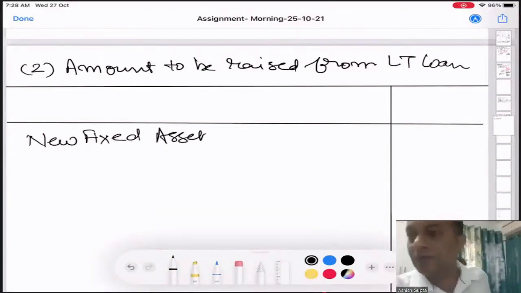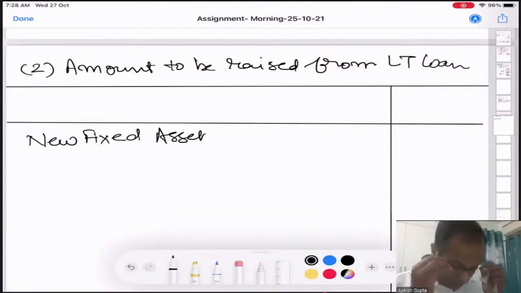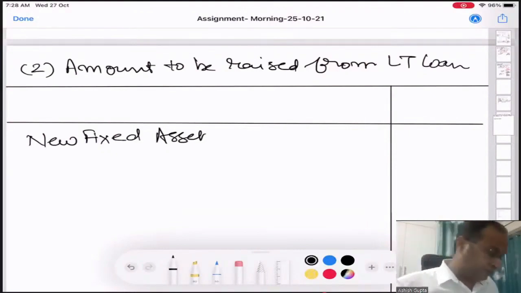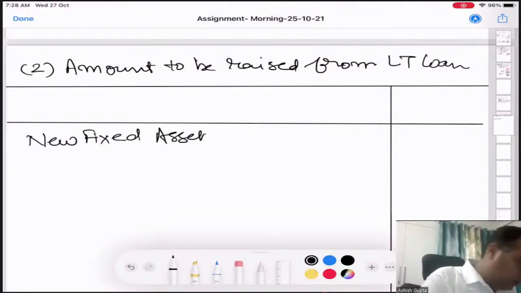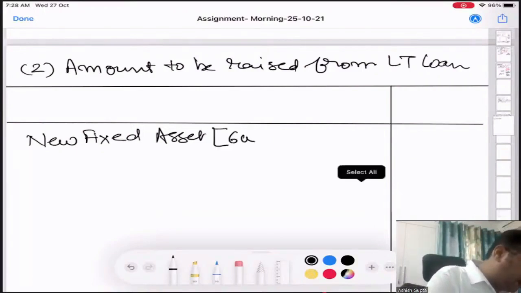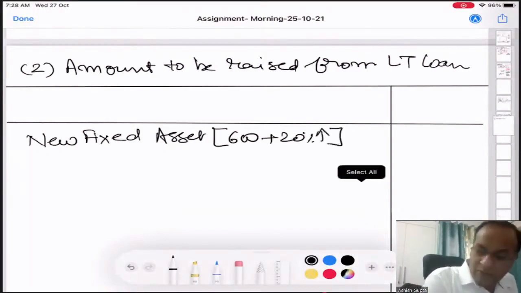One second, student. The existing amount was 600. Proportionately increased, the amount comes to 720.